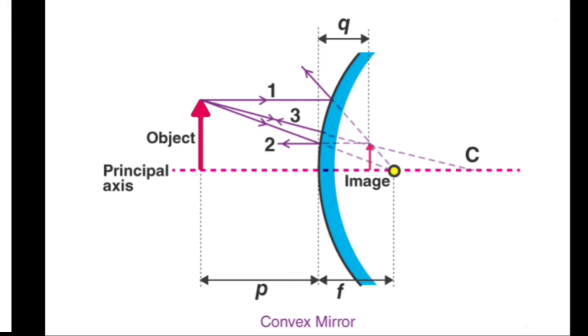Then again, if you consider ray number 2, which is directed towards the focus, then after reflection it will become parallel to the principal axis.